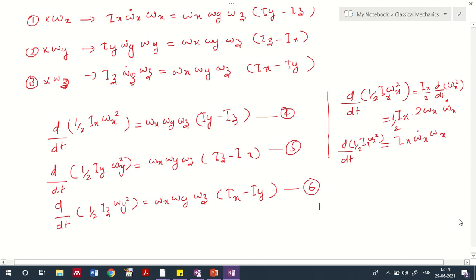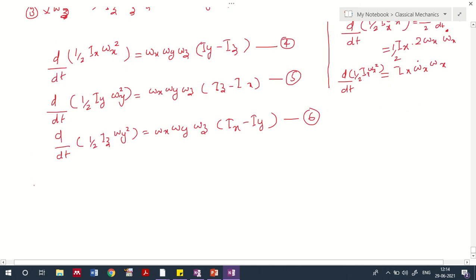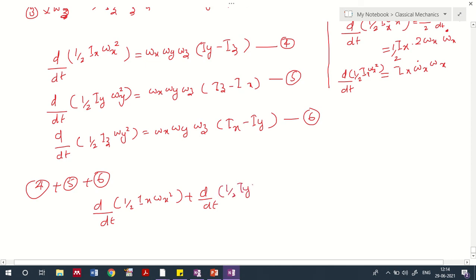Now if I put all this together, that means if I add 4 plus 5 plus 6, these three equations, then I'll have the representation like this: d by dt of half Ix omega x square plus d by dt of half Iy omega y square plus d by dt of half Iz omega z square, which is equal to, so if I add this entire equation, this part of the equation becomes 0.